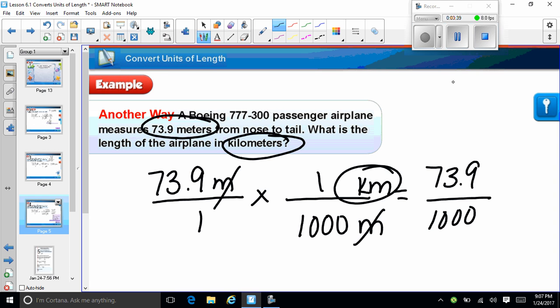Up here, I'm going to set up my division problem. My numerator is always in the house. Again, you also could move your decimal over since we are dividing by 1,000. If you do not know how to do that, you can simply divide. So in this case, my decimal stays the same. 1,000 cannot go into 739, and so I'm going to add a 0.